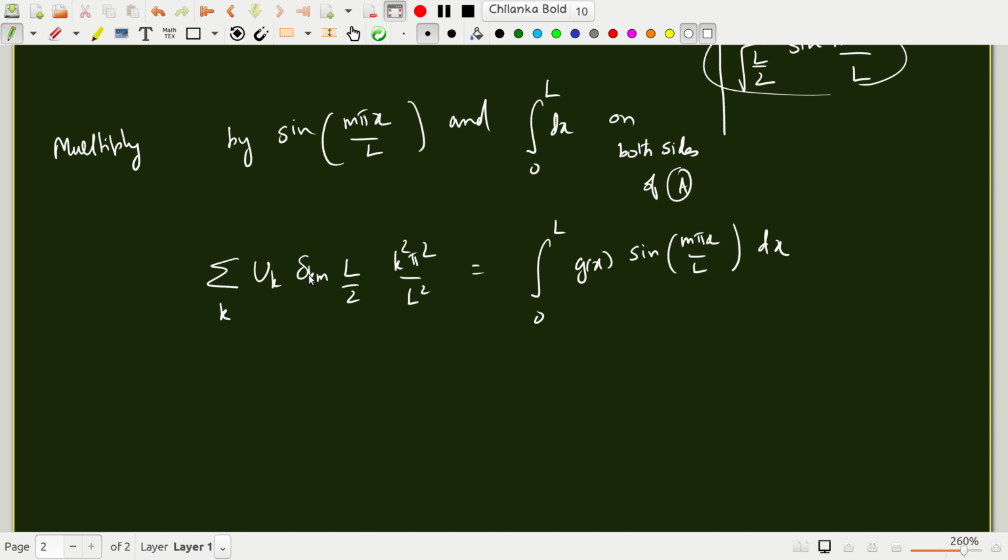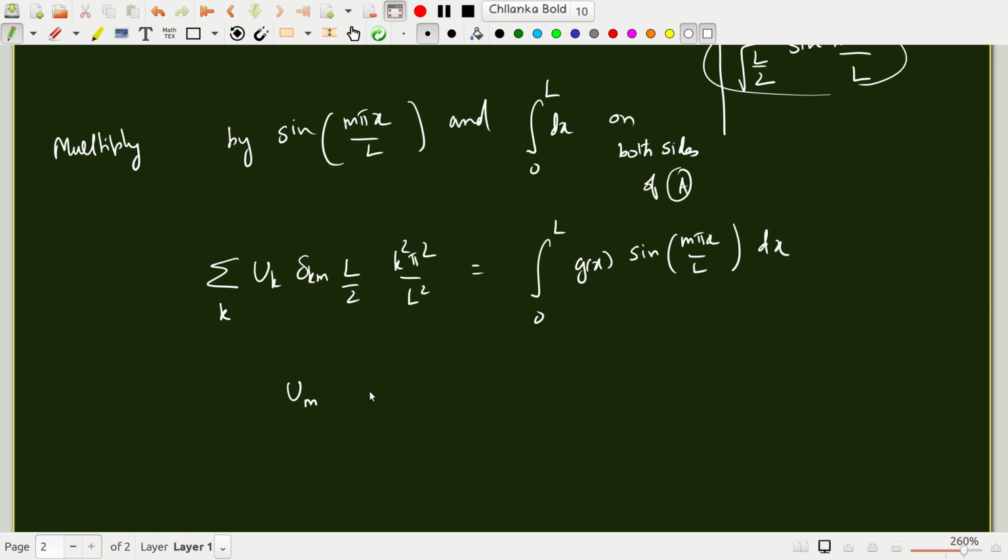Now if you have a Kronecker delta function under the summation, this summation is going to be killed by this Kronecker delta, and all you will be left with is just the one term, because this summation will be nonzero only if k equals m. k is a running index, whereas m is a given index of your choice.